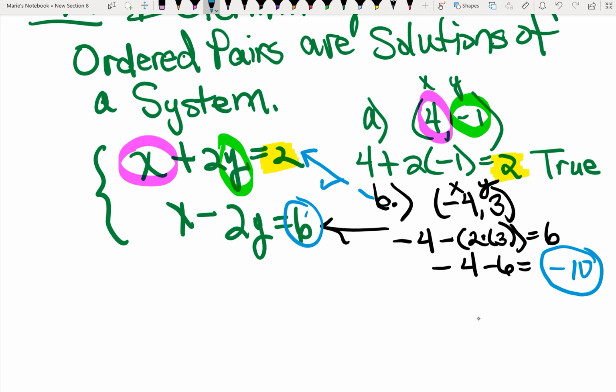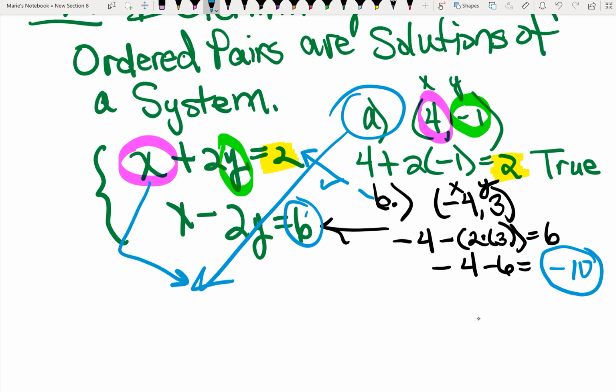So again, using our values, for the first one I'm going back to this equation. I'm going to have 4 plus, what am I doing? Oh, I'm doing this equation, not that one. That's what it is.